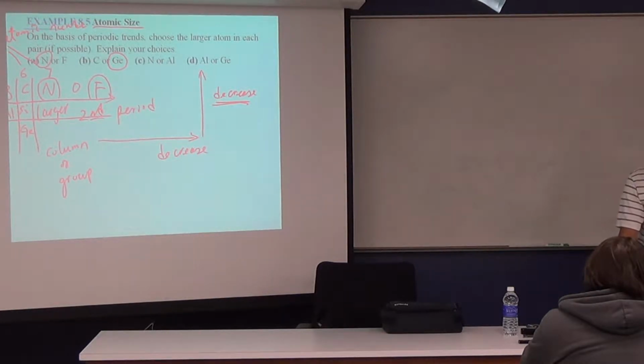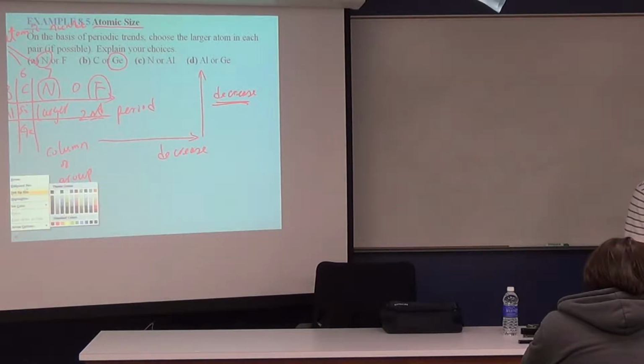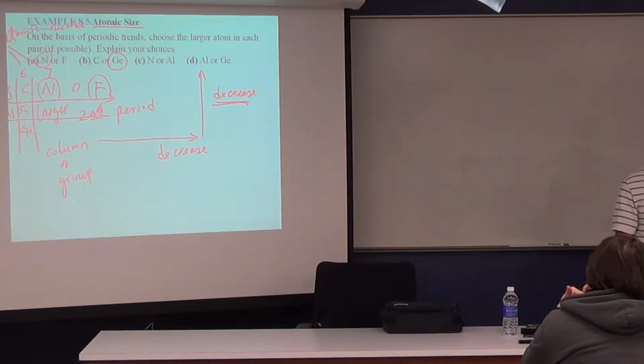So you use two arrows, two steps, because they are not in the same row or the same column. Let's say start from N.